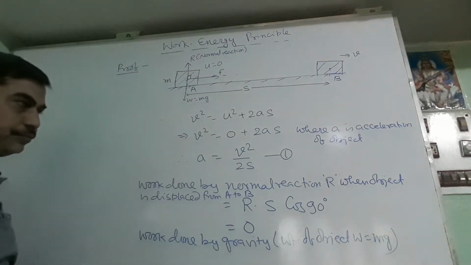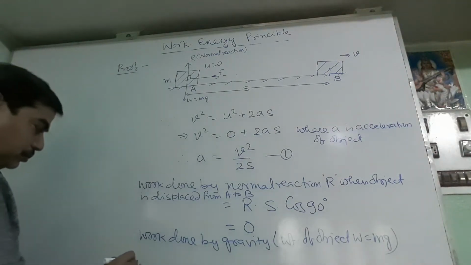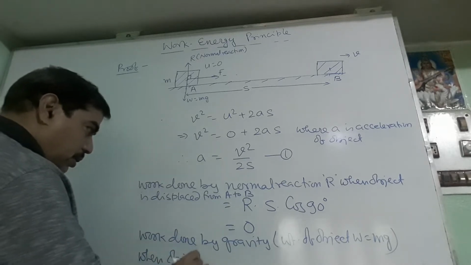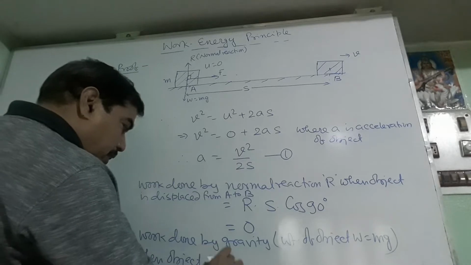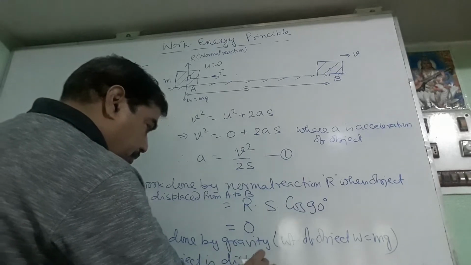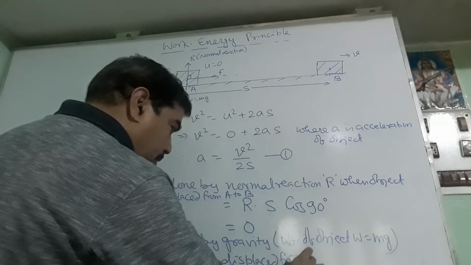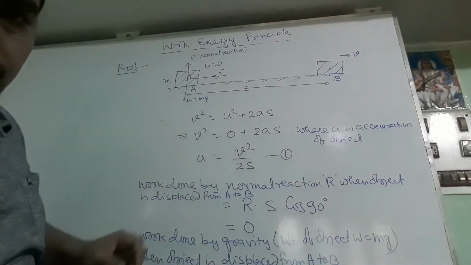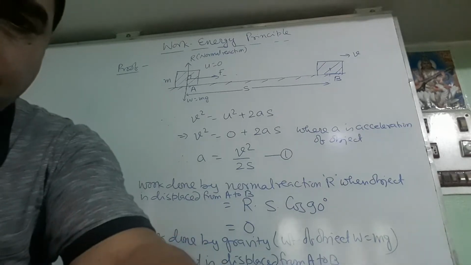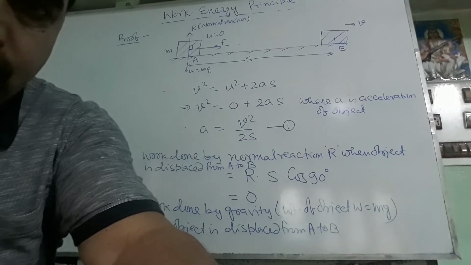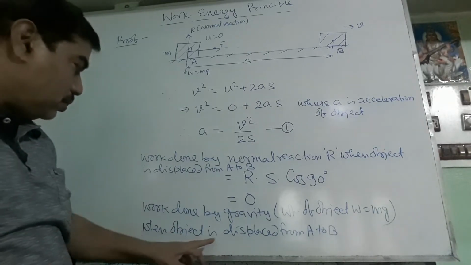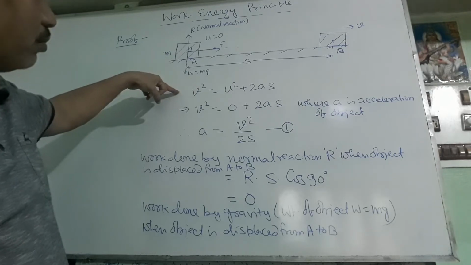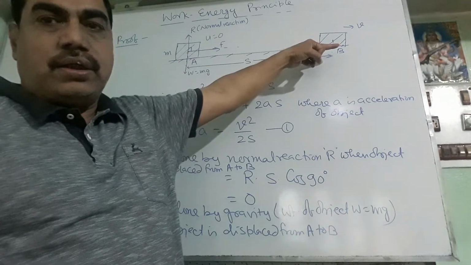Again the same, when the object is displaced from A to B. In this case also, gravity is acting downward, displacement is horizontal.